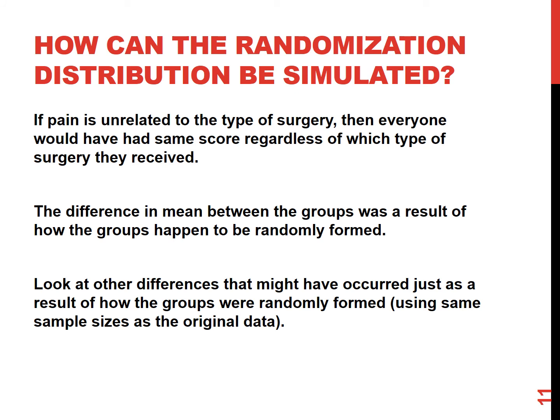And so we can look at other differences that might have occurred just as a result of how the groups were randomly formed. And we use the same sample sizes as in the original data because we know that the amount of variation in the randomization distribution is related to the sample size.